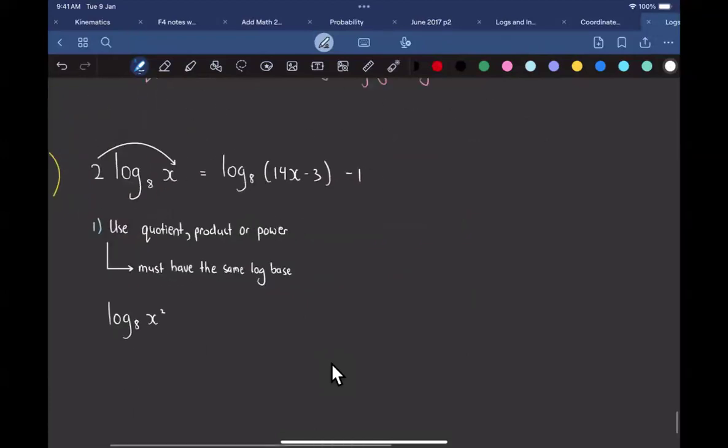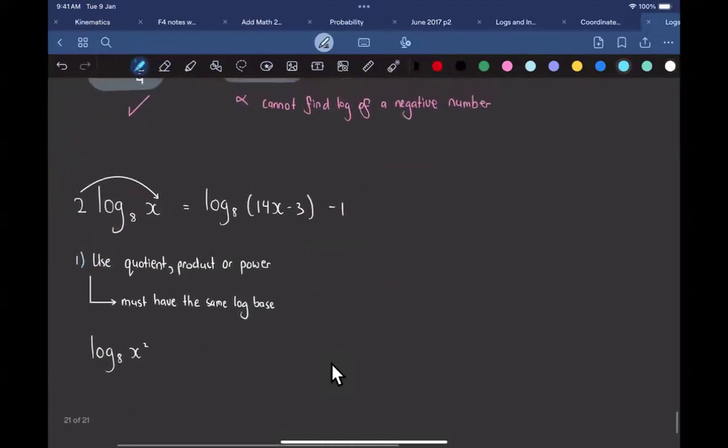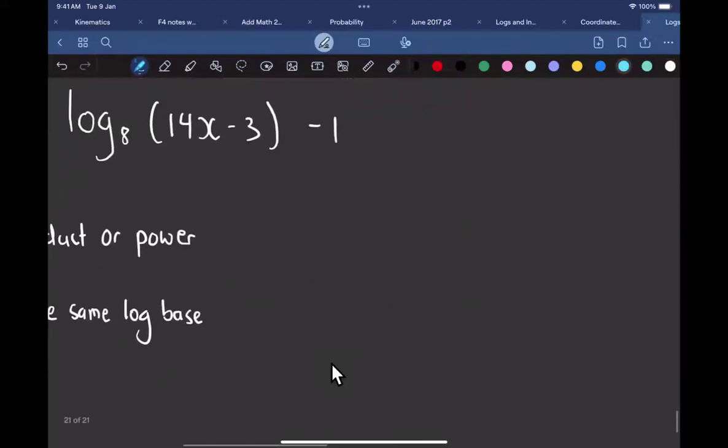Right? So just remind me, what is the power rule? Give me an example. I have log base a of b to the power n, that will be equal to what? n times log base a of b.